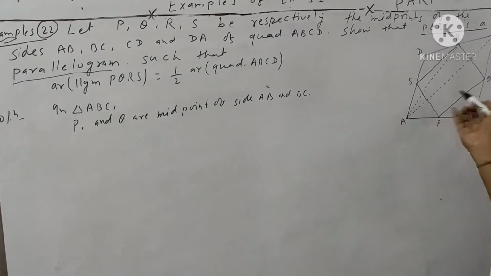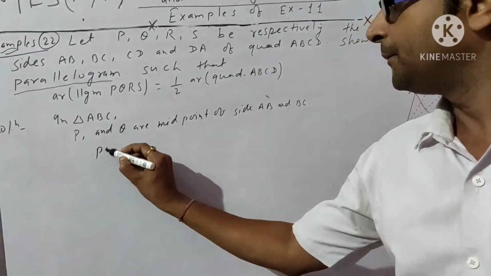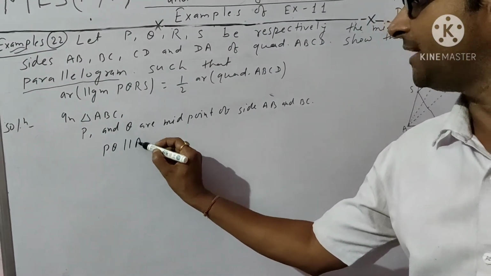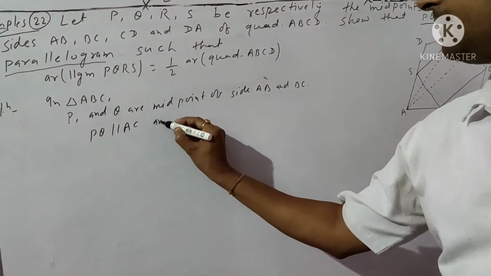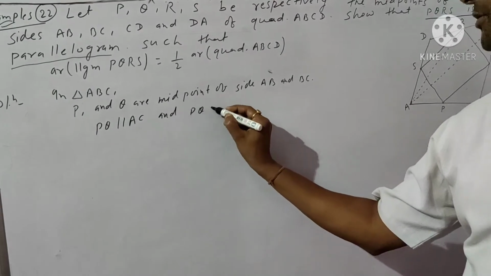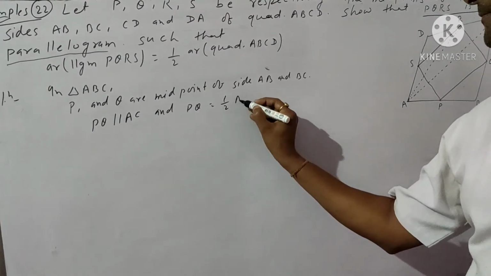So here, student, by the midpoint theorem we can say PQ is parallel to AC, and PQ is equal to half AC.